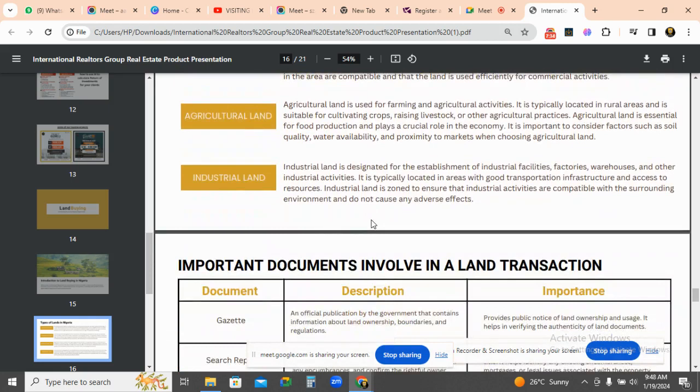Then the fourth type of land, right, is industrial land. So what are industrial lands? Industrial lands are land that has been designated for the purpose of establishing industrial facilities, factories, warehouses, and other types of industrial buildings.